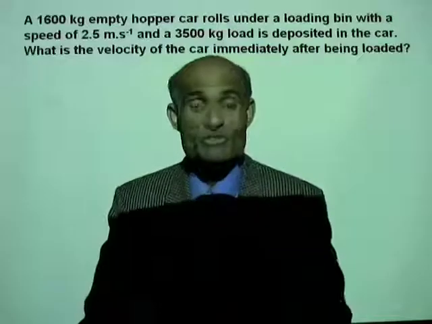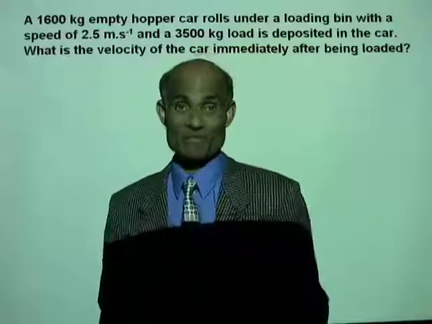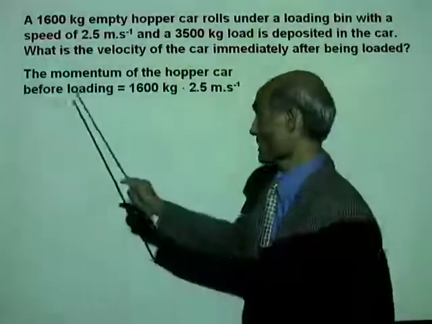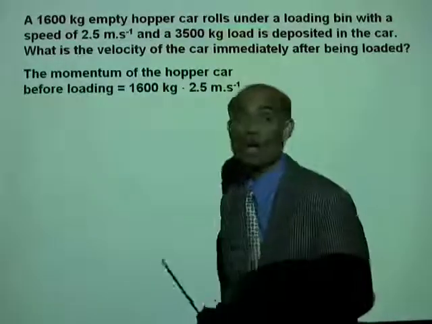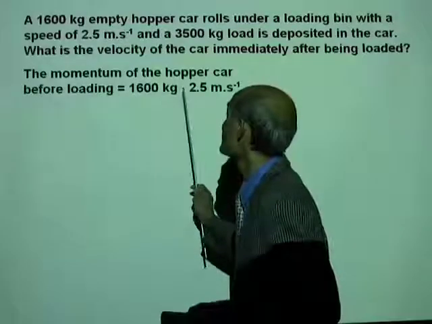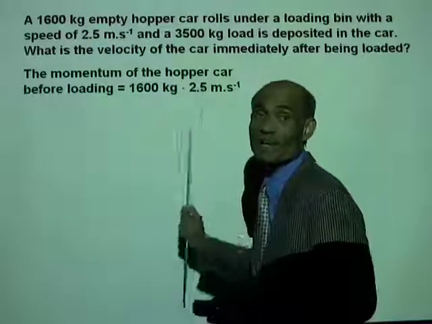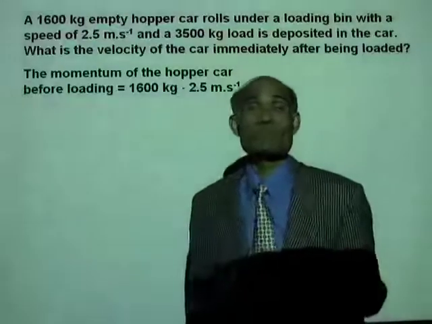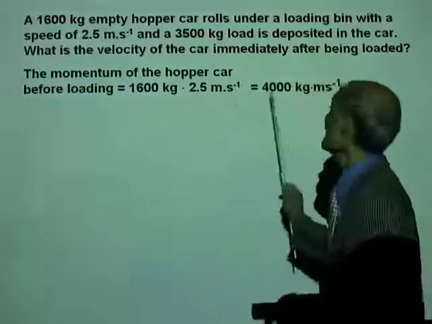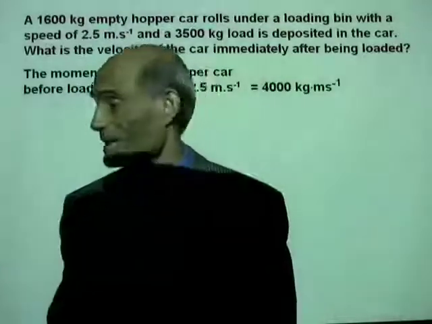Now, conservation of momentum is very important in situations like this. The momentum of the hopper car before loading is its mass times its velocity. 1600 kilogram times 2.5 meter per second, that is 4000 kilogram meter per second.